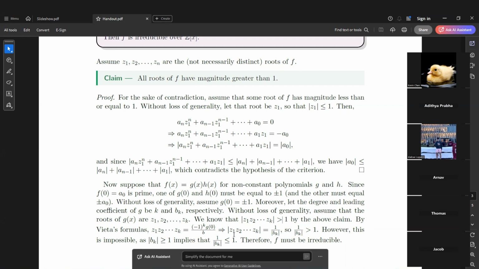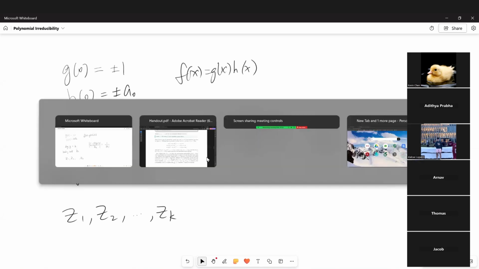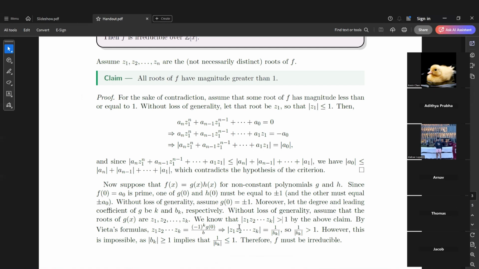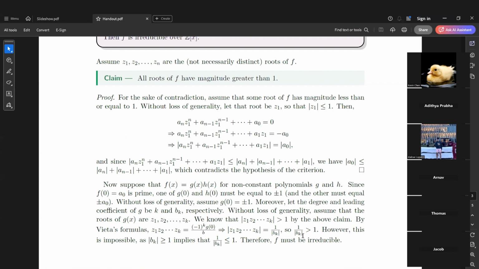However, since f of x factors into g of x times h of x, we want to factor it over Z. So that means the coefficients of g and h are all integers. And so the absolute value of all their coefficients must be at least 1 or 2 or 3 dot dot dot. But our argument with Vieta's means that 1 over bk is greater than 1, so bk is less than 1.